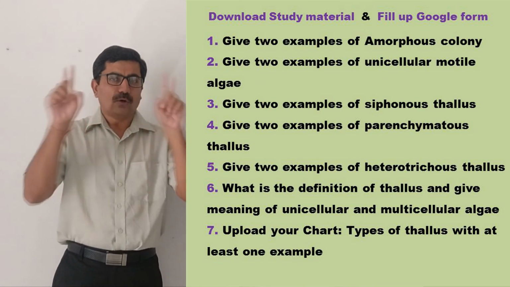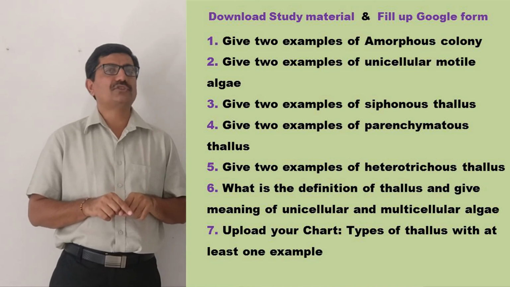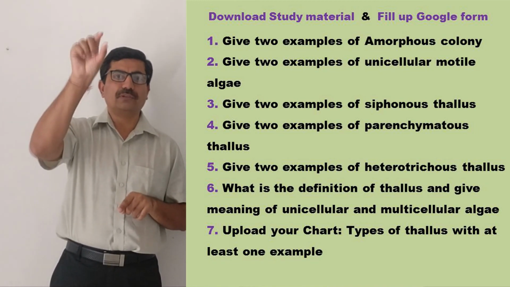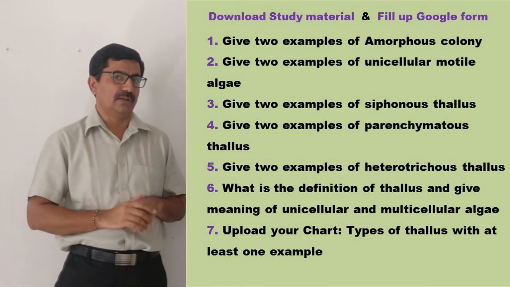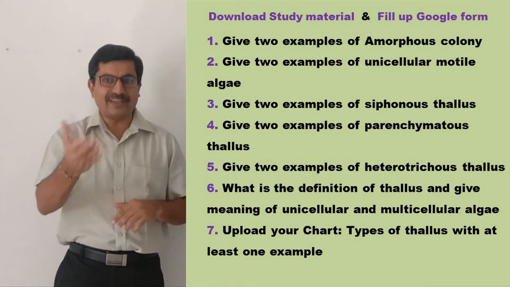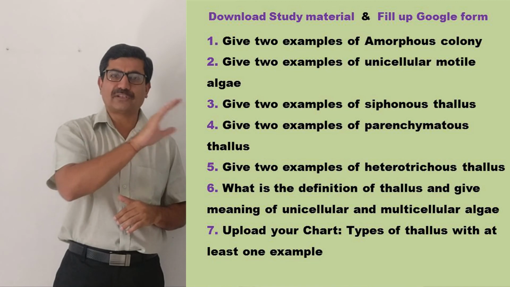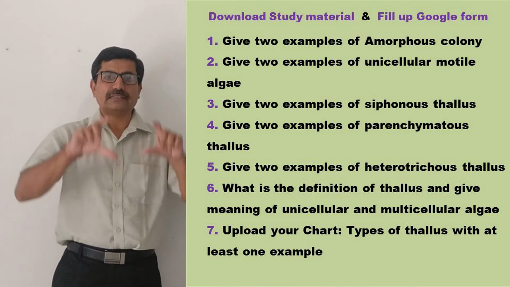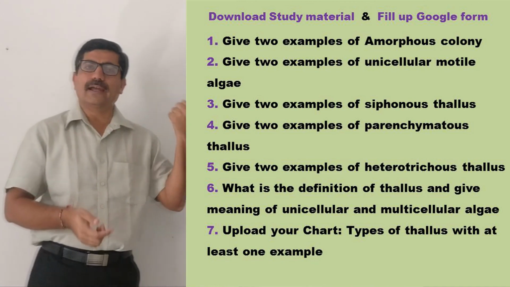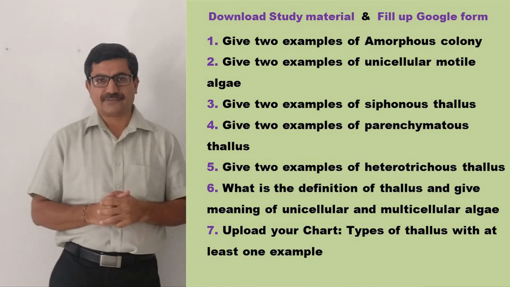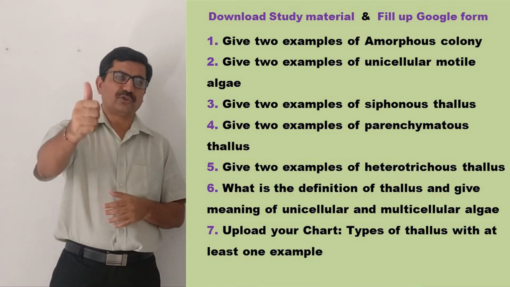You just make one chart with thallus, unicellular, multicellular and all 11 types with at least one example. If you are free, you can also write more than one example. Take horizontal photographs and upload these. Okay, so I wish you all the best.